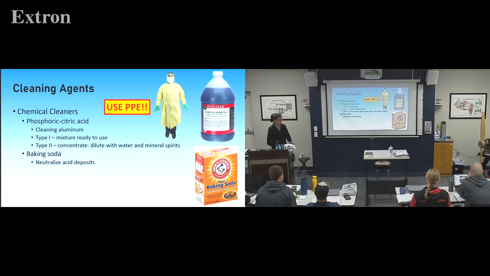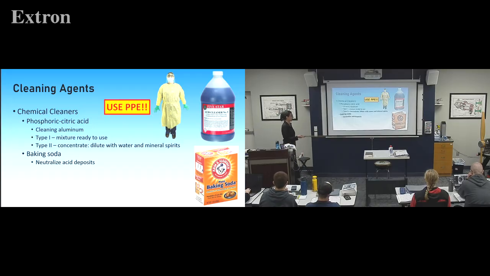Some other chemical cleaners, and with all this stuff, make sure you are using your proper PPE. Look on the bottle. If it doesn't say on the bottle itself, where would you go to know what PPE? SDS. Phosphoric citric acid. We're going to use a form of phosphoric acid to clean corrosion off our aluminum.